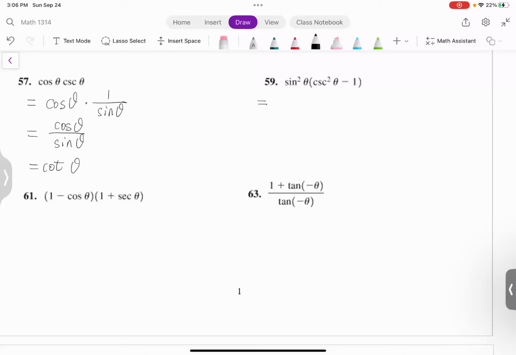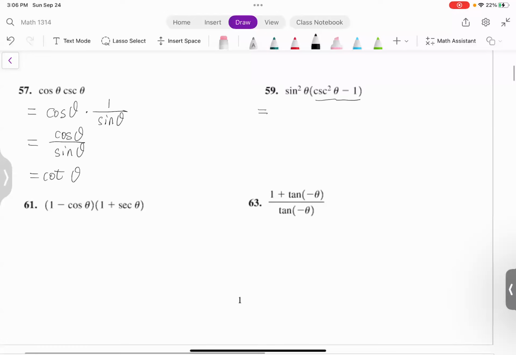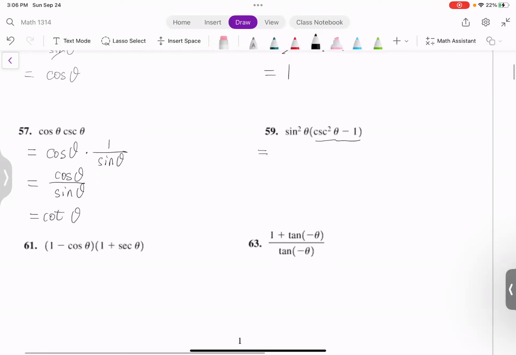Sine theta squared times cosecant theta squared minus 1. Okay, how to simplify this? Can I distribute the sine theta squared? I can do that. I can also think of it in another way. What is cosecant theta squared minus 1? We have the identity. It says cotangent theta squared plus 1 equals cosecant theta squared.